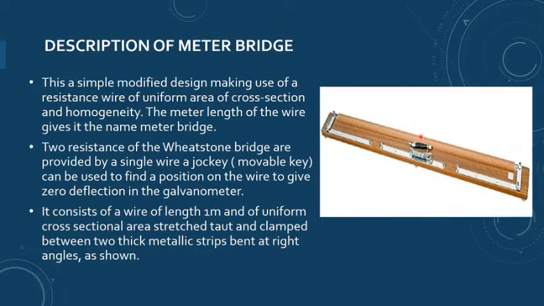What we are doing is simply dividing this resistance wire into two parts, one of length L, another of length 100 minus L. Since we know the resistance per unit length, we know the resistance for the given length, so the length of the wire also gives you the resistance. So I have 4 resistances: one here, second here, third for the given length L, and fourth for the given length 100 minus L.